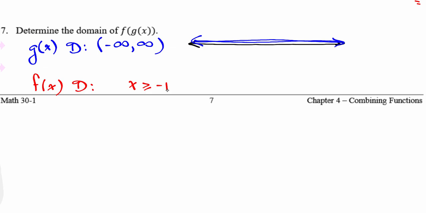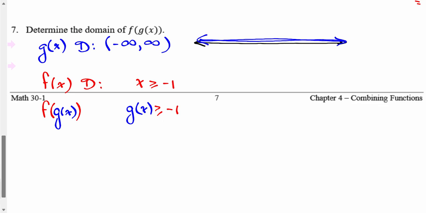This is not a restriction on the composition of functions. What I do instead is I think, well, I'm going to have f of g of x. So I replace the x's with g of x, which means this x gets replaced with a g of x, and I say g of x has to be greater than or equal to -1.